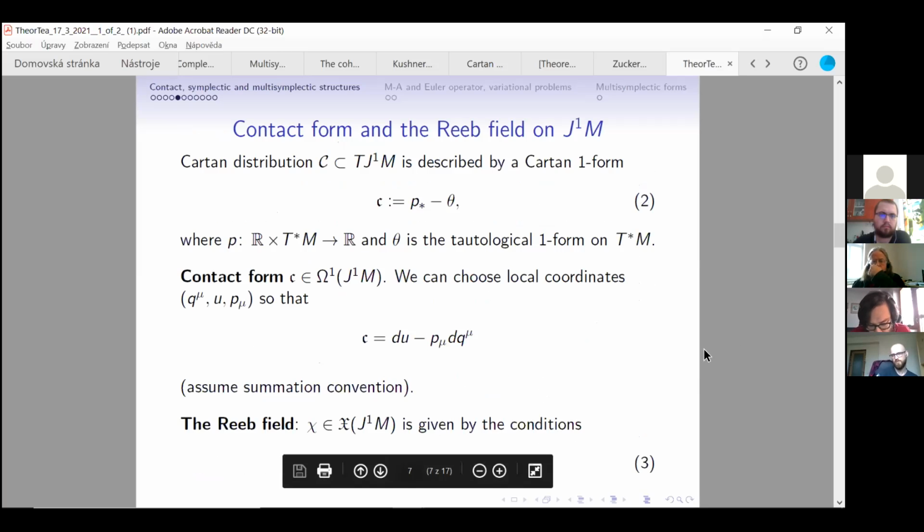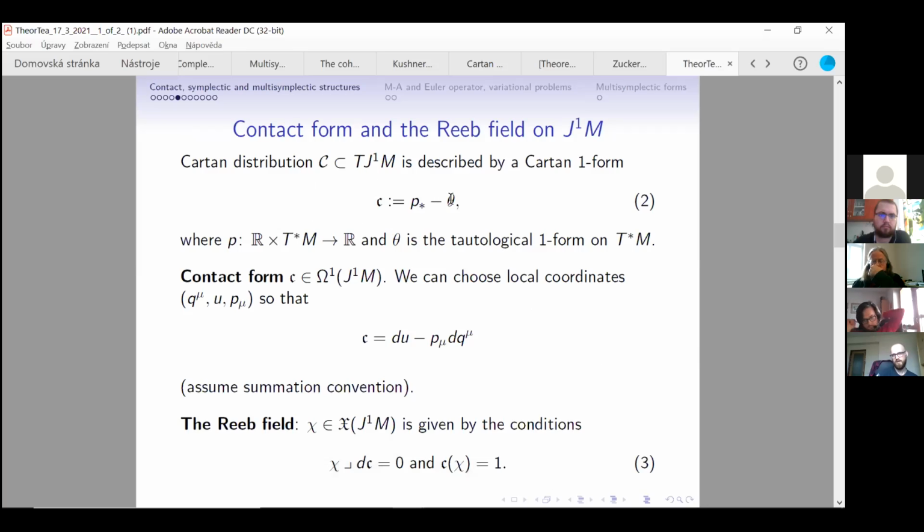You are not making too many choices. You have J1M, and on it you have a canonical identification of J1M with R times T star M, or T star M times R, and you can consider this form, which is constructed from this projection and the tautological one-form, and out of this you get everything.